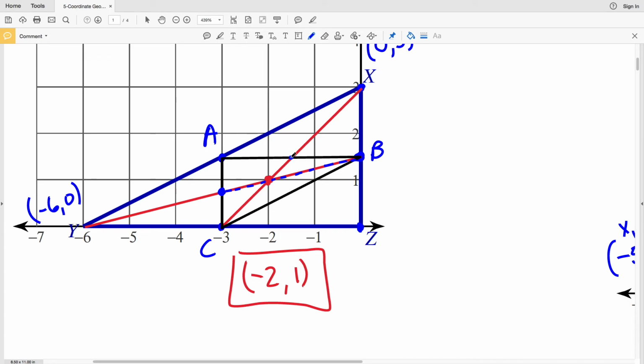So the midpoint occurs 1.5 units away from A and 1.5 away from B. This also falls on a median, and when we draw the line that makes the new median, it follows the same path as the old. So you can see that the centroid is the same. The centroid is again -2, 1.